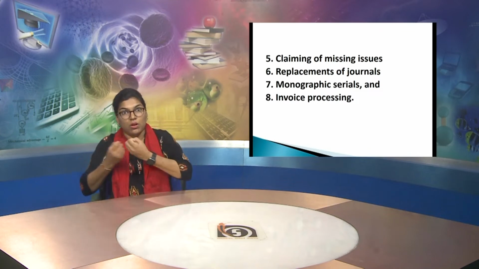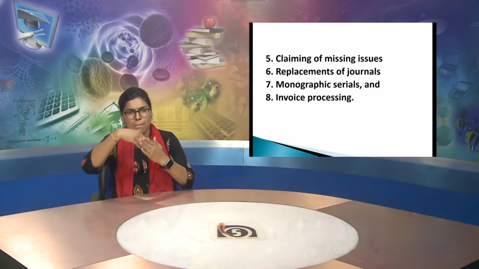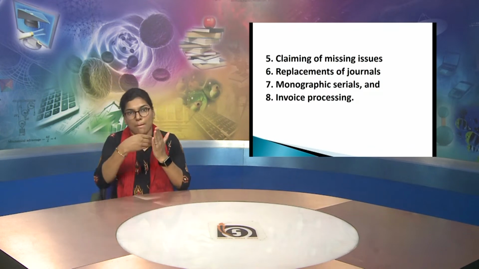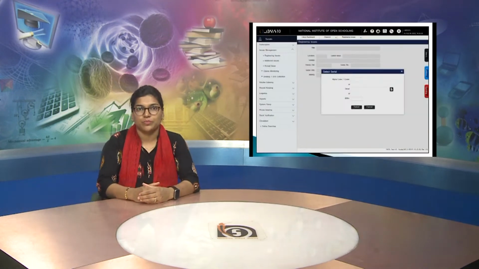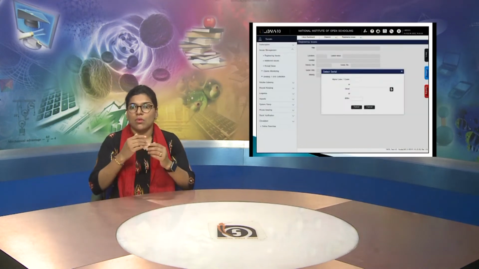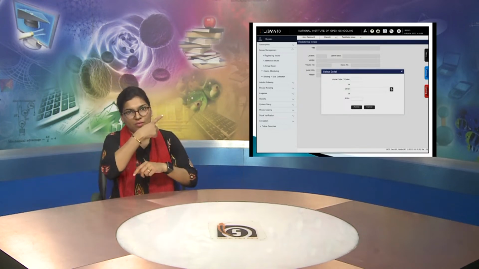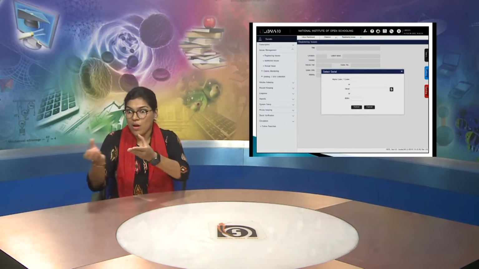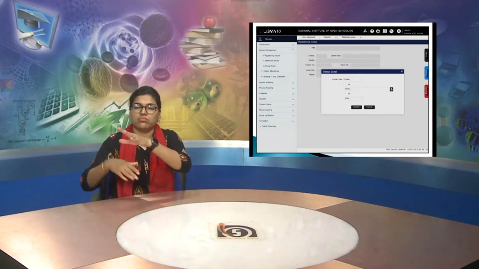Similarly, point number 7 explains about the monographic serial, and point number 8 explains about the invoice processing. All this is done with the help of serial numbers. Here you can see how the serial number can help us find the sequence.